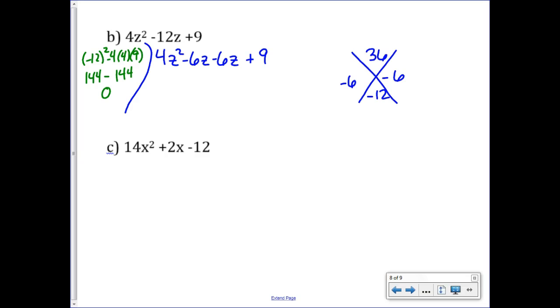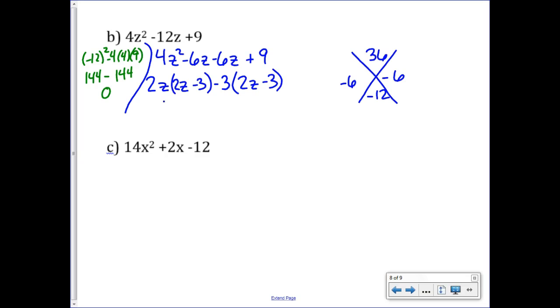So now in the first set, I can take out a 2z. No, 2z minus 3. Sorry. And then in the second set, I can take out a minus 3. And then I'm left with 2z minus 3.